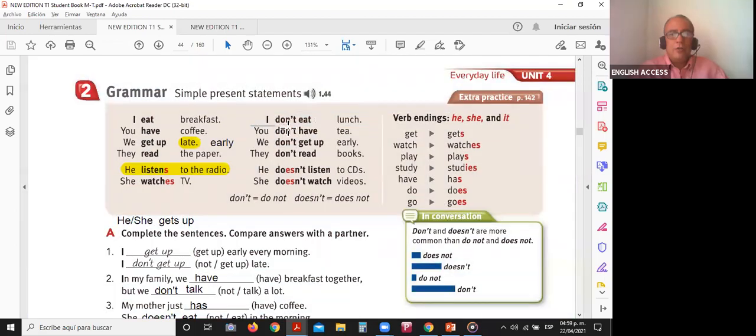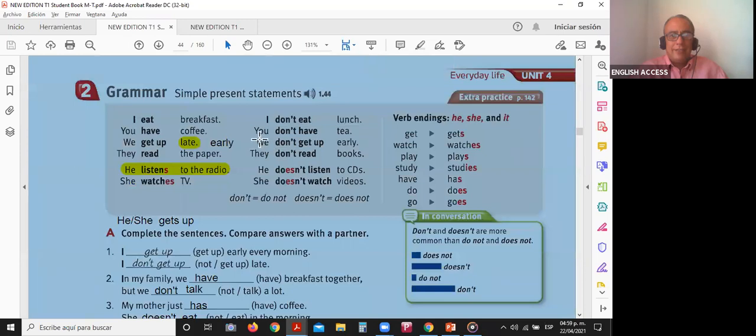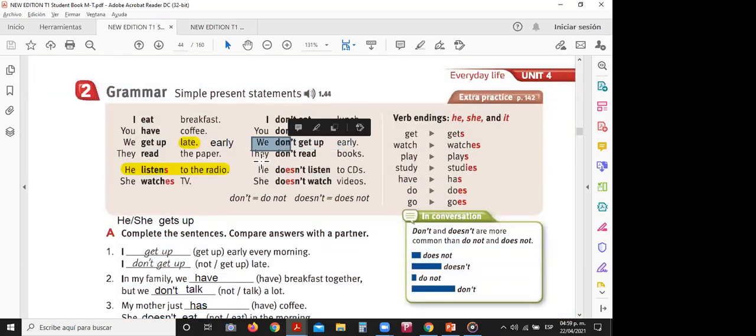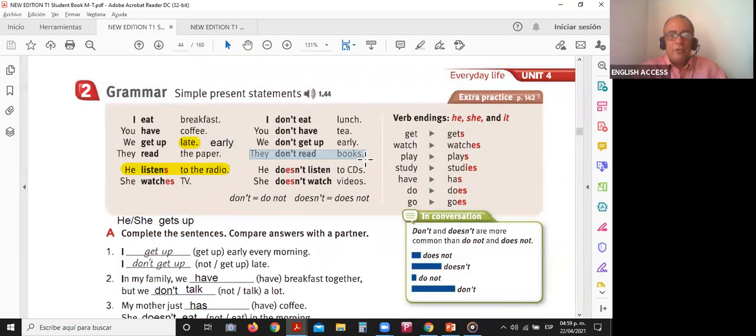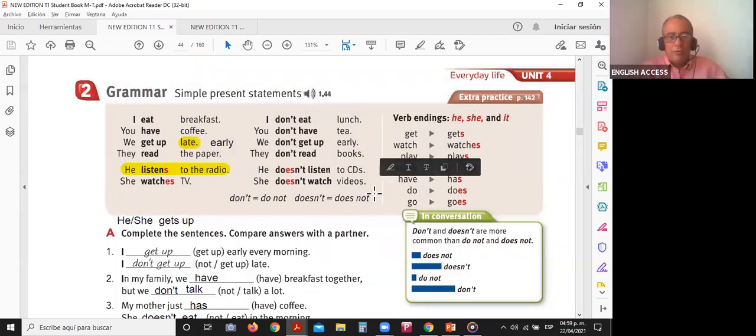Very good. Antonio, number 2. You don't have tea. Exactly. Carolina? We don't get up early. Very good. And finally, Antonio? They don't read books. Yes, they are the family of Peña Nieto.